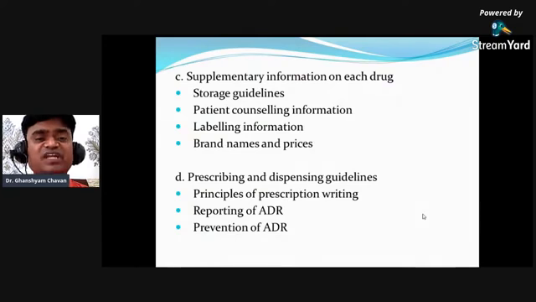So you should maintain the storage guidelines for particular drugs, and keep in mind which storage condition you should follow for which drug. Patient counseling information. Here, there is a role of the pharmacist: how he will counsel the patients and tell them about the proper use of that drug.